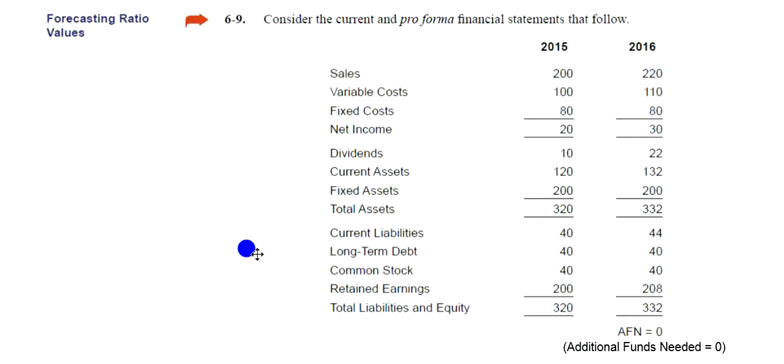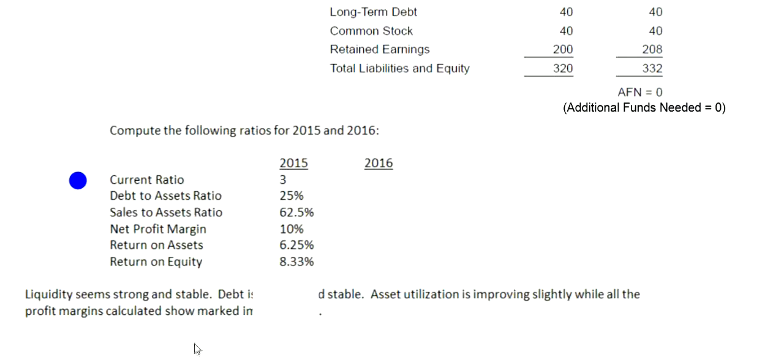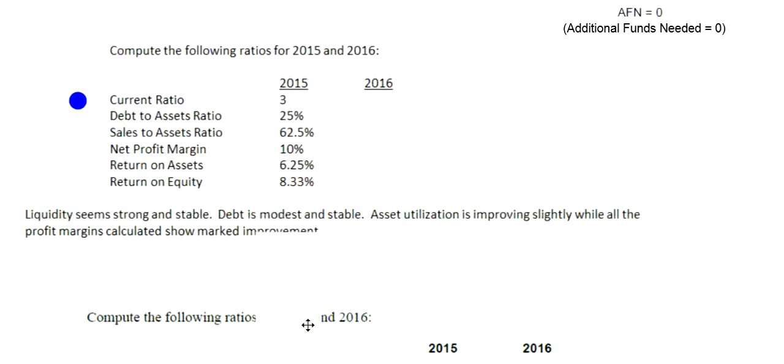And you guys, I'm pretty sure, won't have any problem going through on your own, doing the same thing that I did for 2015 to compute the ratios for 2016. And then you'll find that this gives you a hint of what you should find. Once you look at that, you'll see that liquidity is strong and stable.